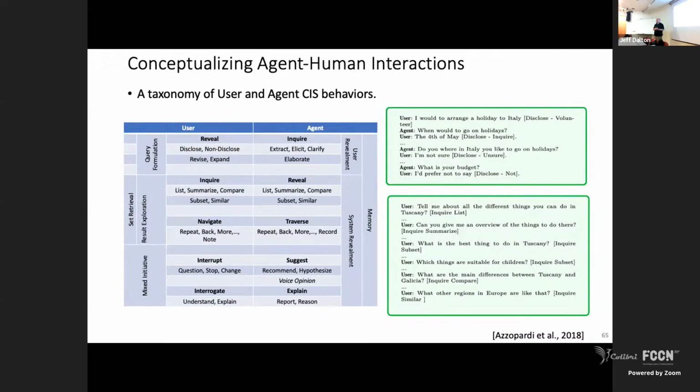And it's a lot of different types of information. We're really only scratching the surface. You can read the full paper that's referenced in the book if you'd like to read more about that full taxonomy. But really, there should be summarization, subsets, reasoning, personalization, what things are suitable for children, planning a trip in Tuscany, and comparing things back and forth.